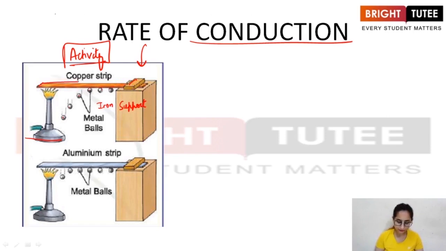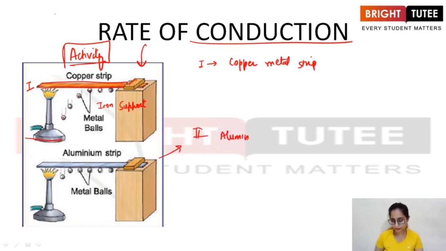In the first part, the first one has a copper metal strip, and the second one has an aluminium metal strip.